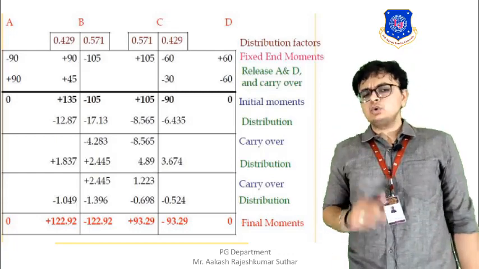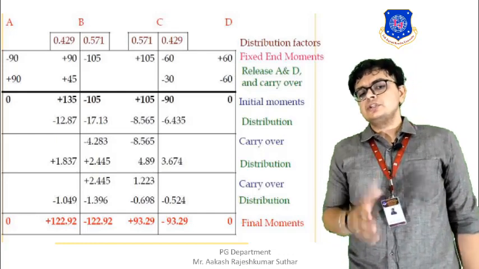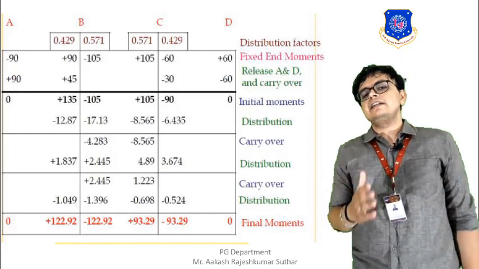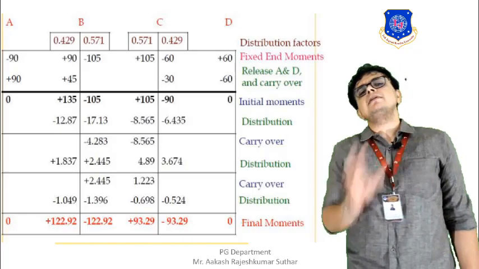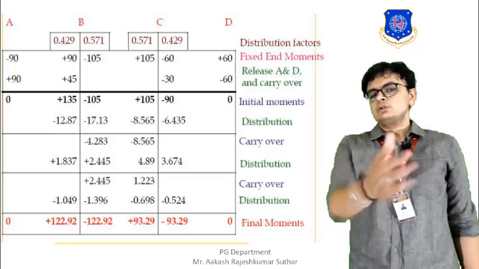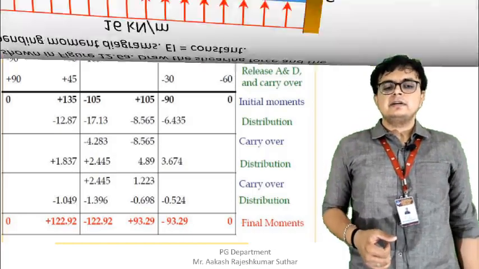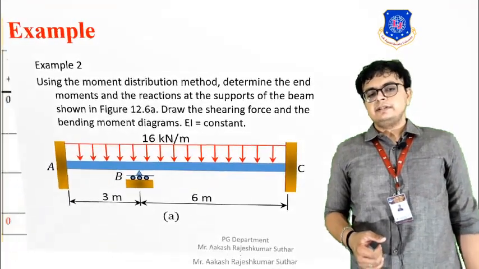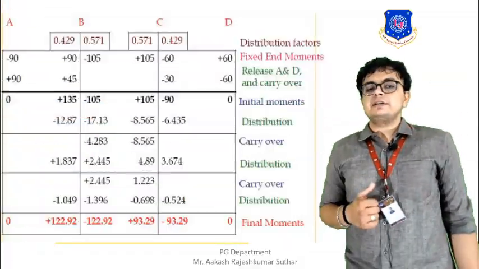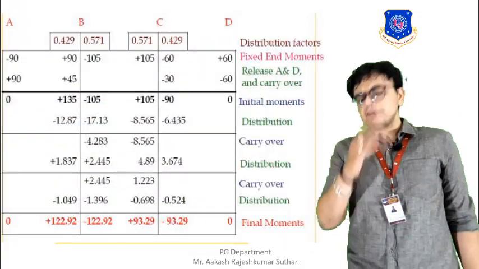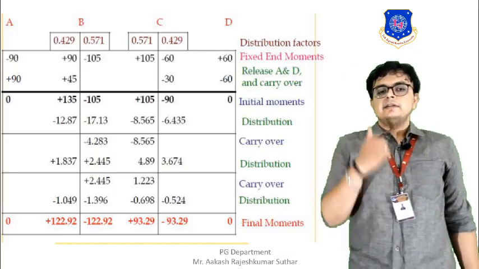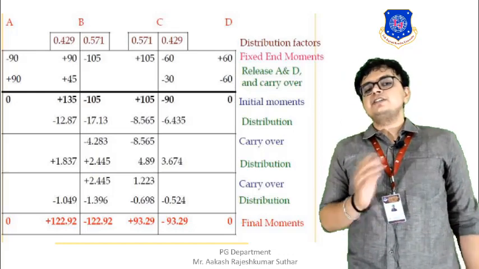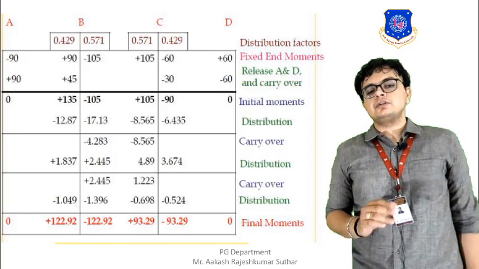So in order to cross check yourself, you should see the value of the final bending moment at both the members of a particular joint. Talking about this B joint, for BA we are getting 122.92, and on the next side, that is BC, we are getting minus 122.92.